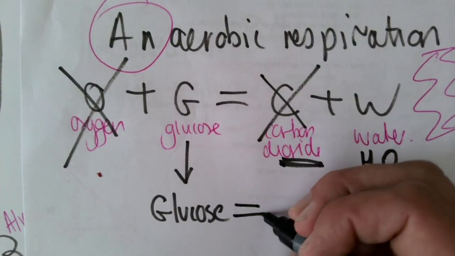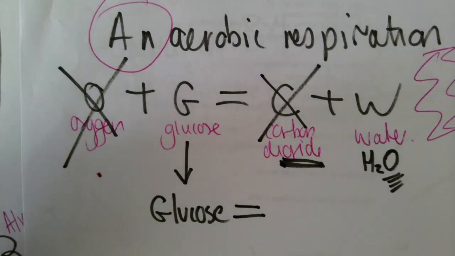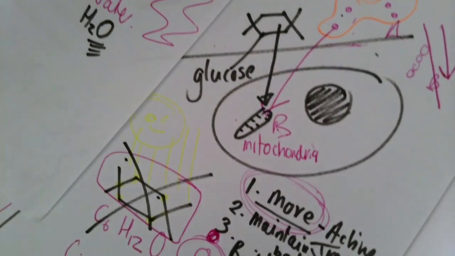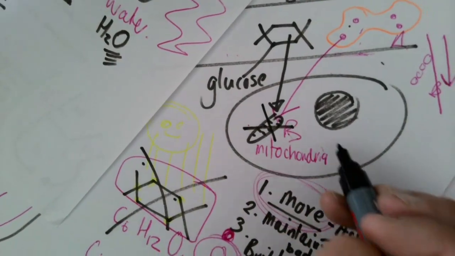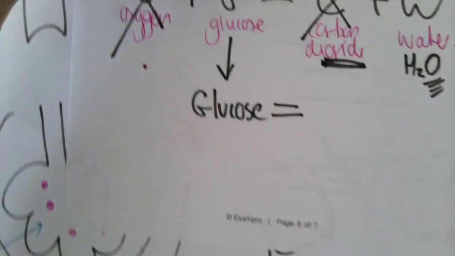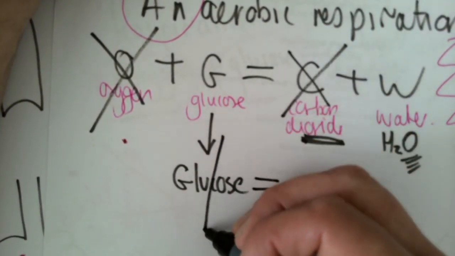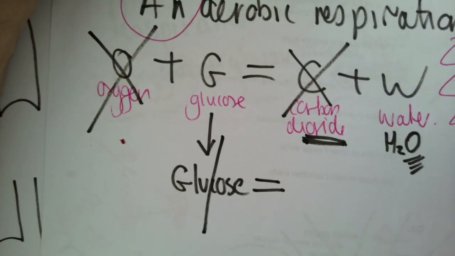So we don't. And so what anaerobic respiration does, which is also in the cells, it's not in the mitochondria, it's in the cytoplasm. But when it breaks down the glucose, it only splits it in two. It does not break it down fully.